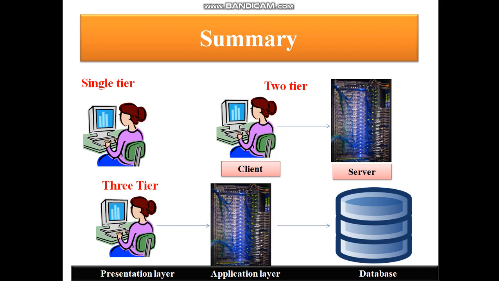With the help of a server, the client gets the data from the database. That means the client cannot directly communicate with the database. There is a layer in between your client and database.